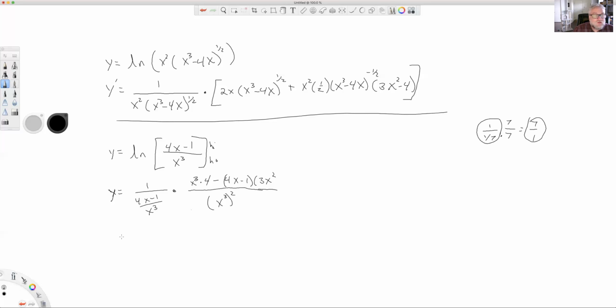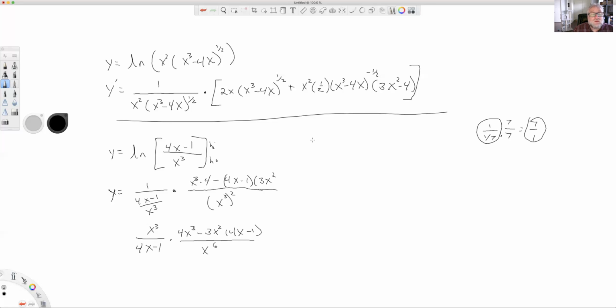So likewise, down here, I can simplify this as x cubed over 4x minus 1 times all of this beautiful stuff. Let's see, 4x cubed minus, I'll put the 3x squared in front, all over x cubed squared, multiply the exponents, x to the 6th. We can do some cancellation there. We're not going to be able to do any cancellation here.